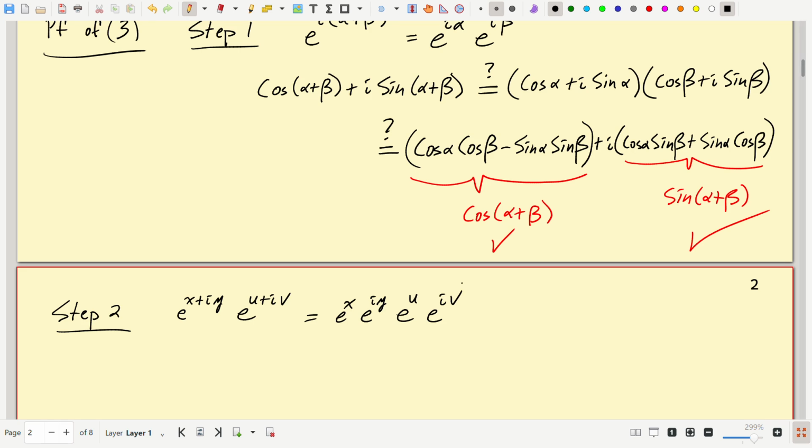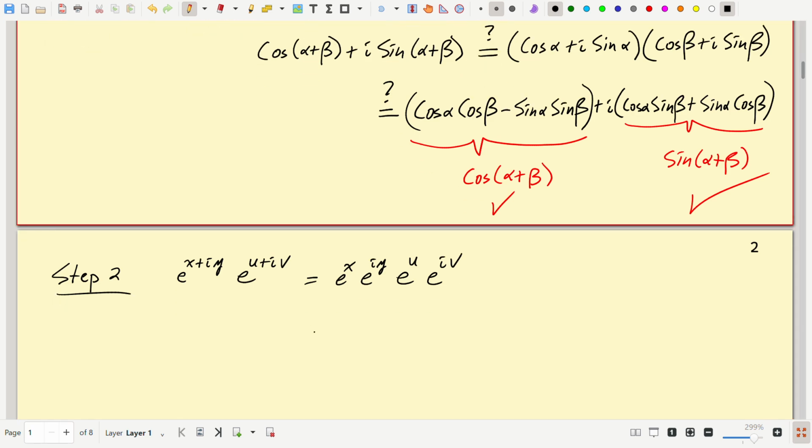And the associative rule for complex multiplication, it's a field, so it holds. So that would be e to the x times e to the u. I'll put those together. Doesn't matter what order you do it. Then I'll have e to the iy times e to the iv.